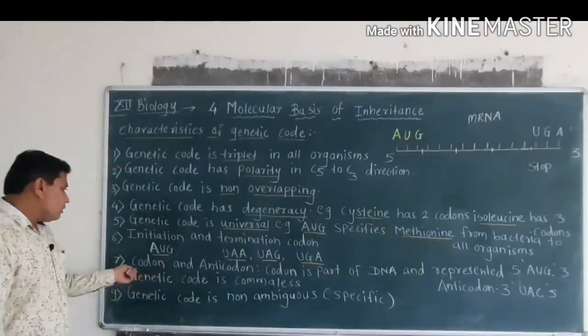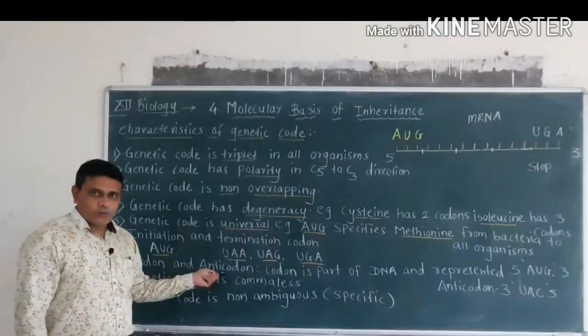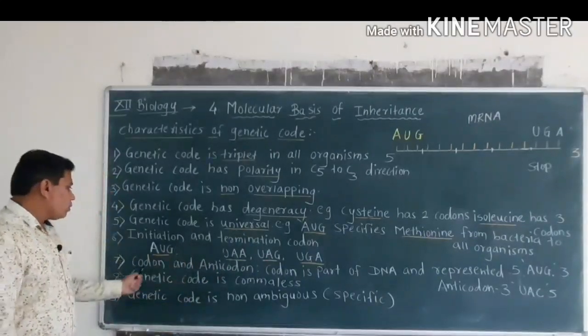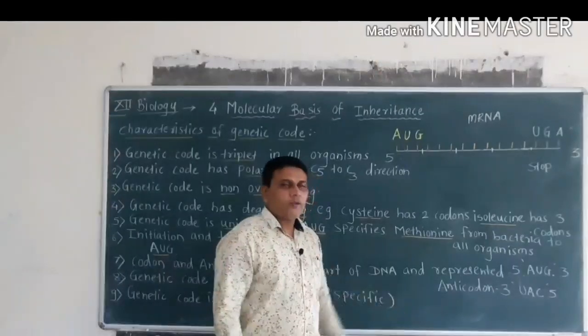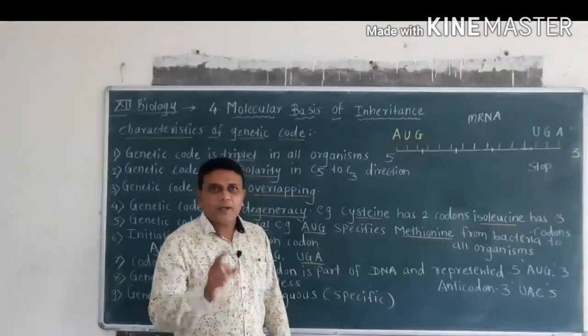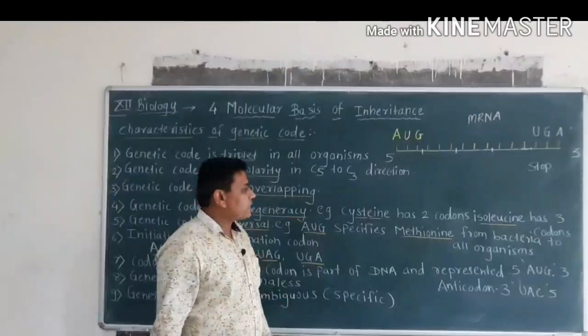Then codon and anticodon. Now codon is a part of DNA. So codon is a part of DNA which is copied on messenger RNA.